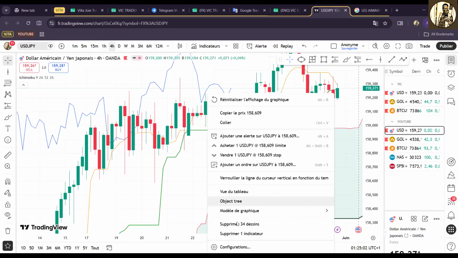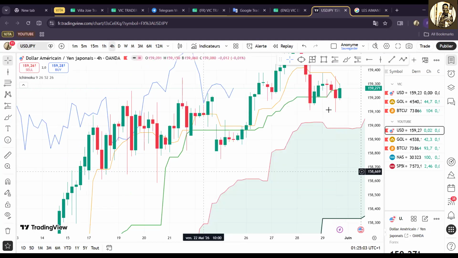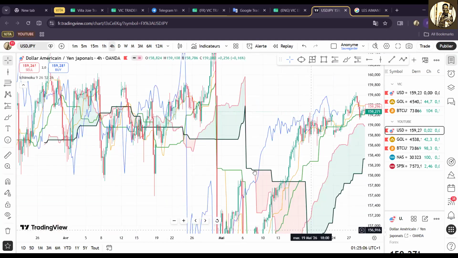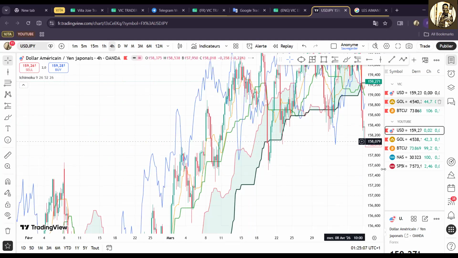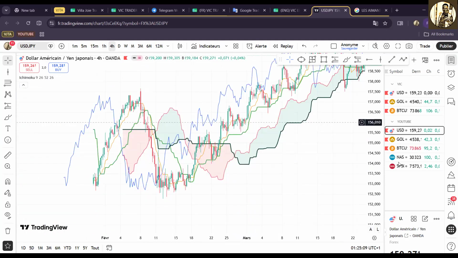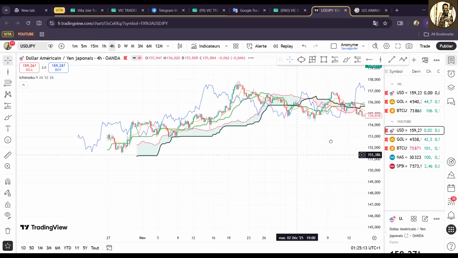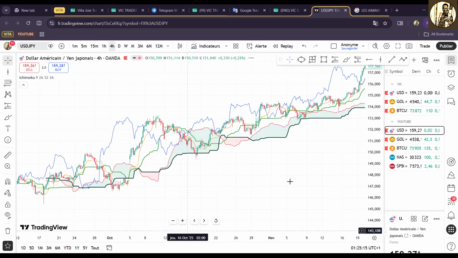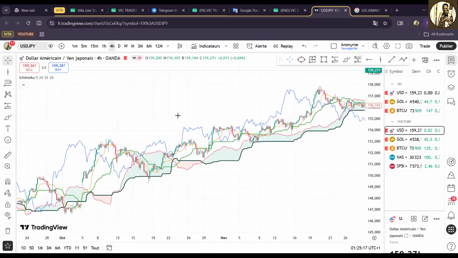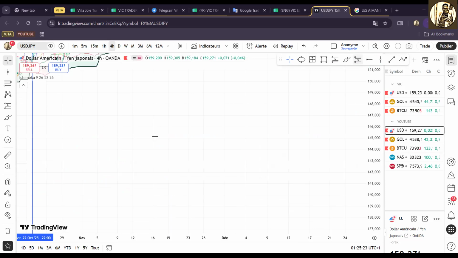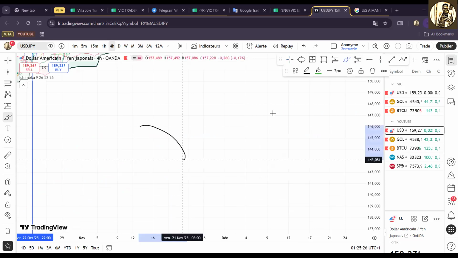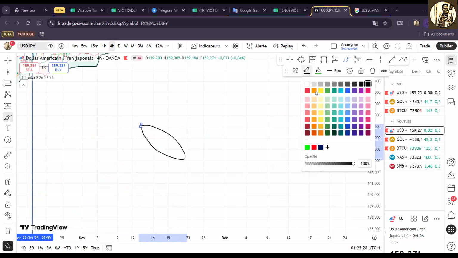Let's talk about another element, the corrections. The corrections in the Ichimoku cycle. Let us take this case. From this point, sometimes the price moves to the upside and creates a correction to the downside like this.